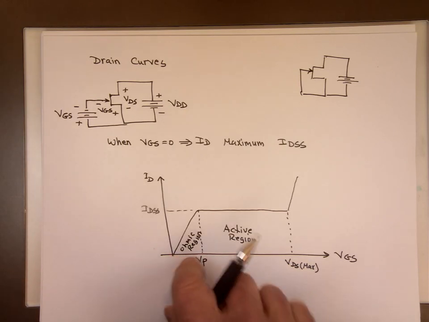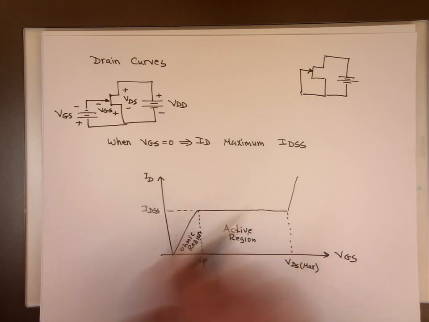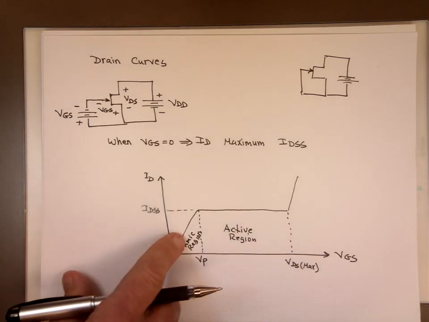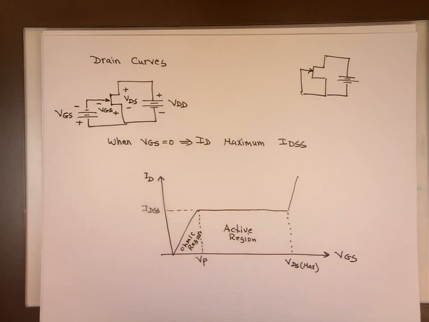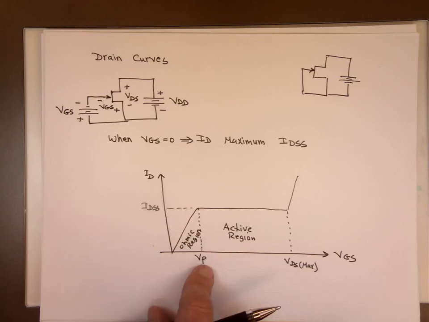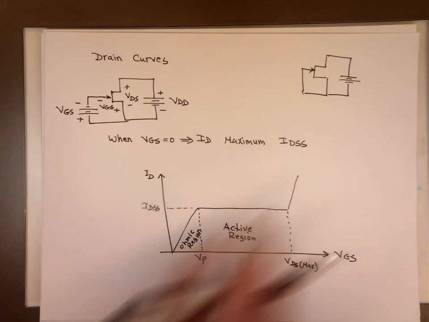So you can see the current is increasing. It looks like a linear straight line. We'll talk about that. That allows me to calculate the input resistance of that JFET. And once it passes that VP, the pinch-off voltage, it stays constant the whole time and will go up there.